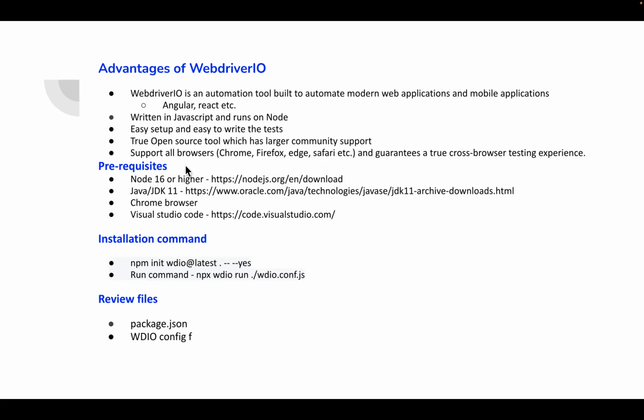Let us move to prerequisites now. In order to install WebDriverIO and set up the automation test environment for this tool in your machine, you should have Node 16 or higher installed, and also you should have Java JDK 11, the Chrome browser to run your test on Chrome, and also Visual Studio Code to develop your automation test.